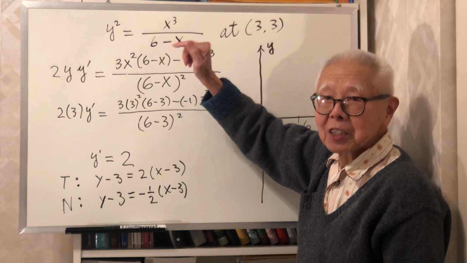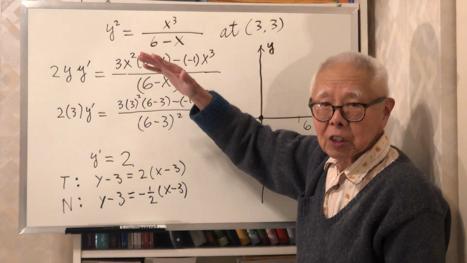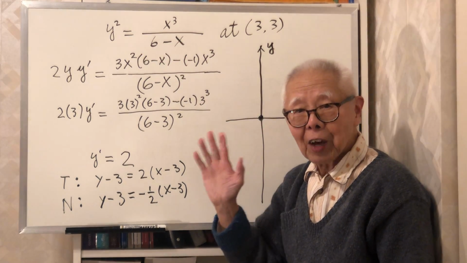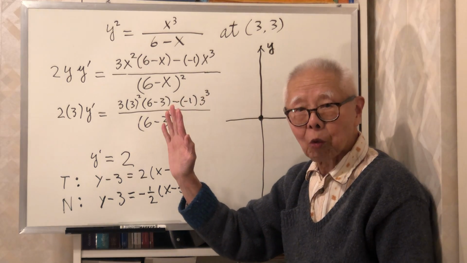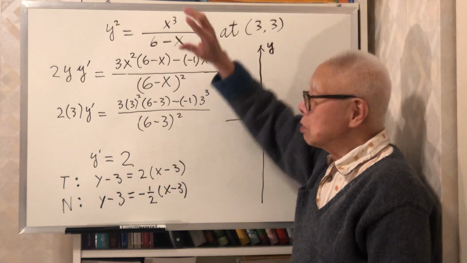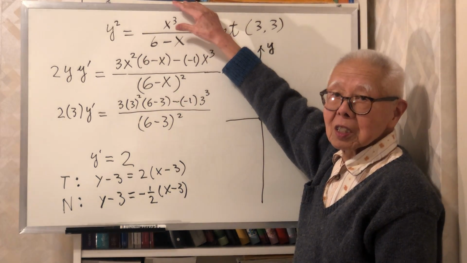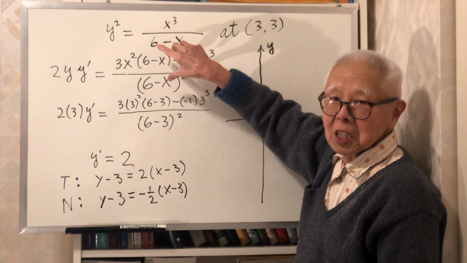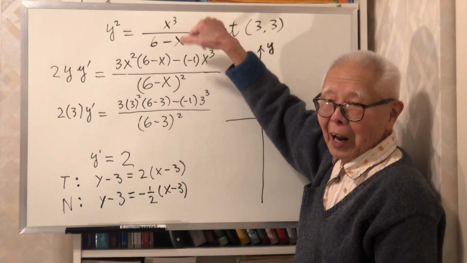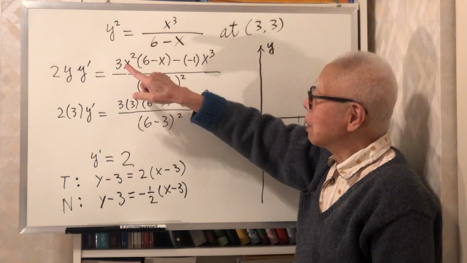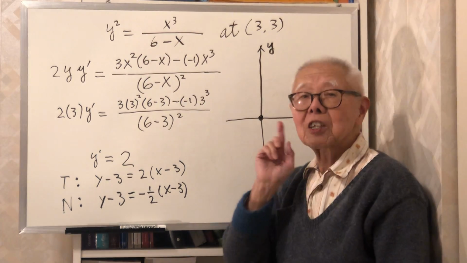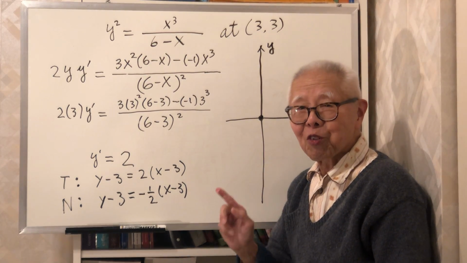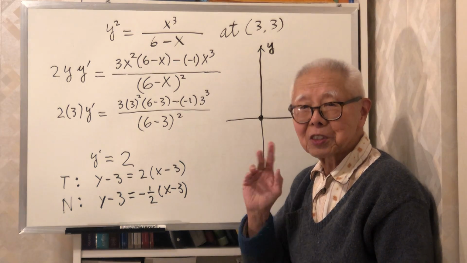Therefore, 6 minus x is positive. Therefore, if x is on the left side of the y-axis, the top is negative, the bottom is positive, so the fraction is negative. But y squared cannot be negative. Therefore, x cannot be negative.